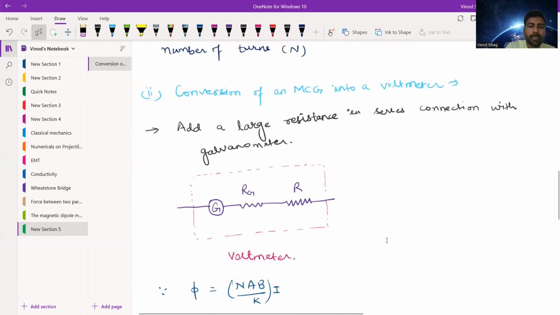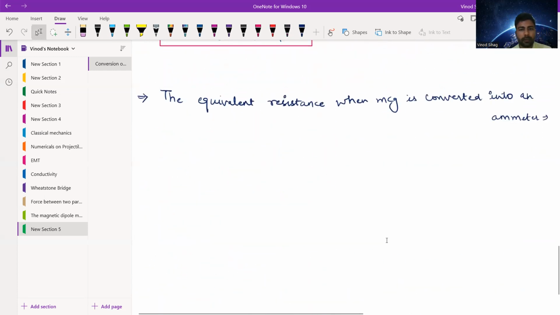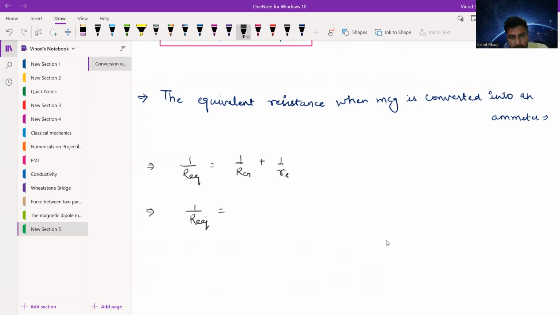So we will apply the parallel connection rule here. So in parallel connection, what is the equivalent resistance? 1 upon R equivalent equals 1 upon Rg plus 1 upon Rs. Now 1 upon R equivalent: here the LCM will be Rg into Rs, and in the numerator it will be Rs plus Rg.